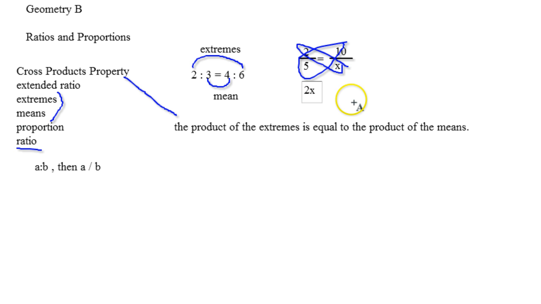So 2x equals 50. Then we divide both sides by 2 and we get x equals 25. So then we can actually solve it. That's where the cross product comes into play.